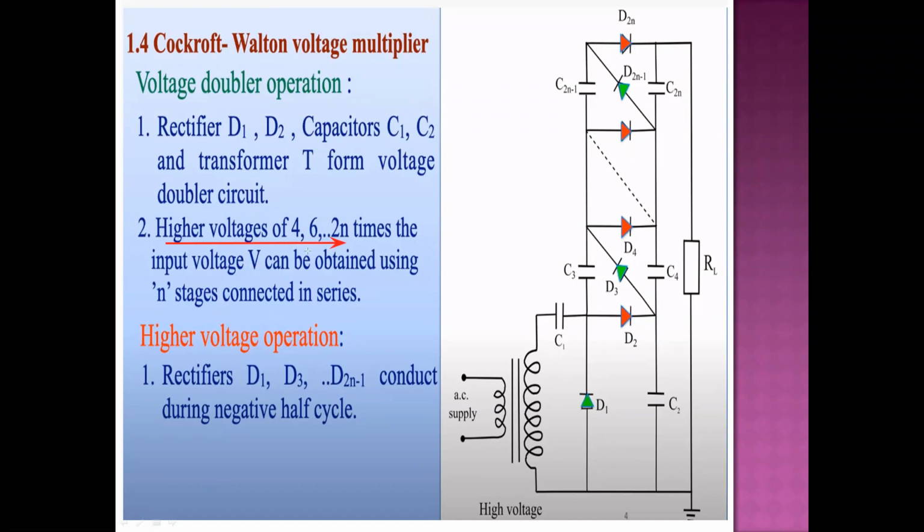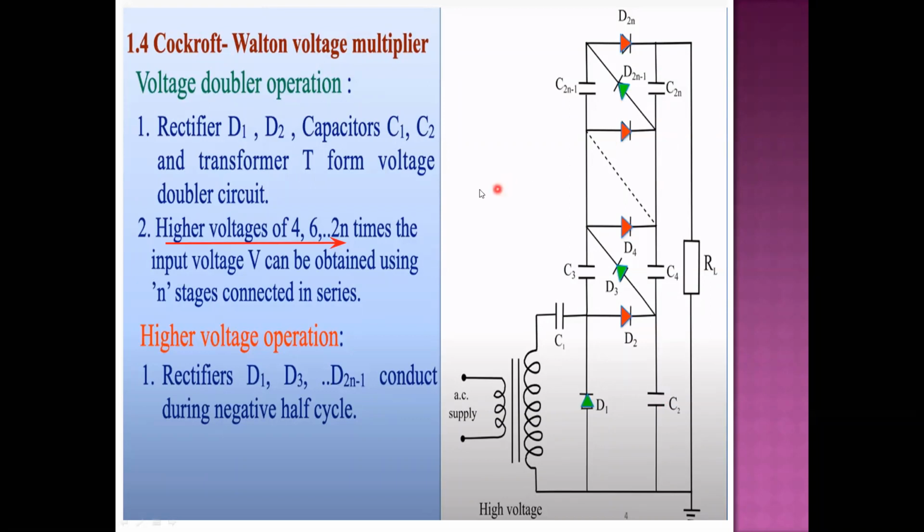Am I right? That means here across this capacitor C2, 2 volts, 4 volts, 6 volts, 8 volts, 10 volts. Like this, the voltage goes on increasing.